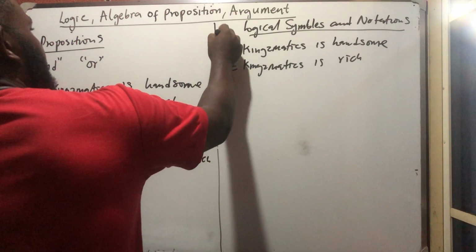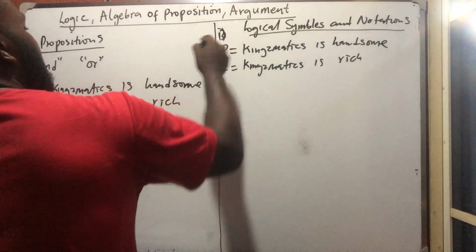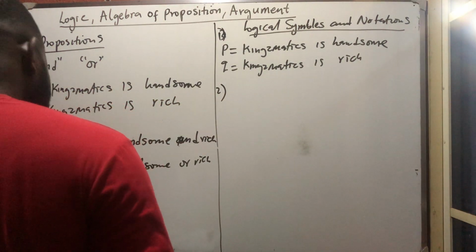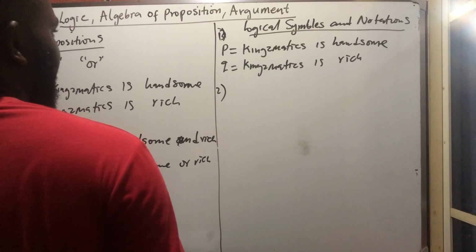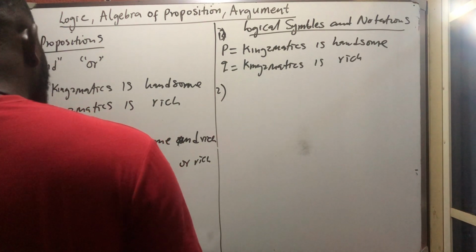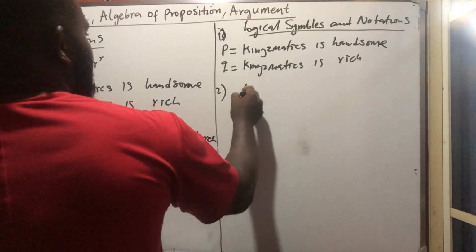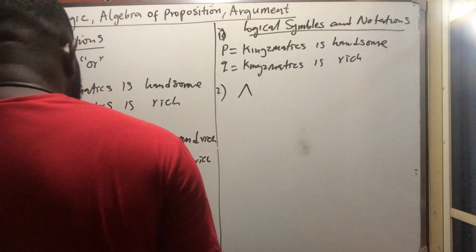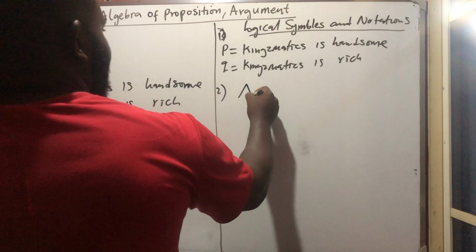That is the first thing you need to note. Then another thing you need to know is that we use this symbol to represent and. So this stands for and.